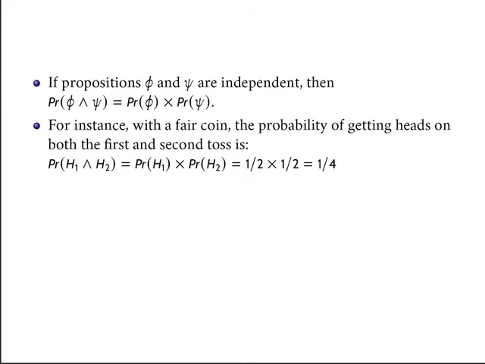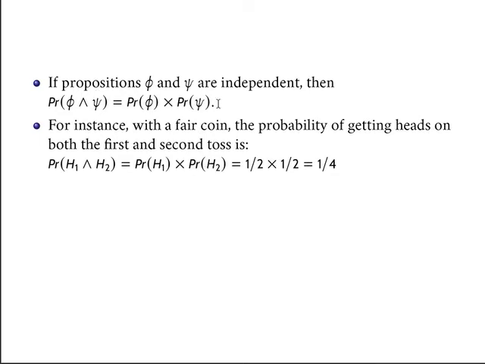So for instance, with a fair coin, the probability of getting heads on both the first and the second toss can be calculated as follows. So the probability of heads on toss 1 and heads on toss 2 equals, by this rule of multiplying probabilities, simply the probability of heads on the first toss times the probability of heads on the second toss.